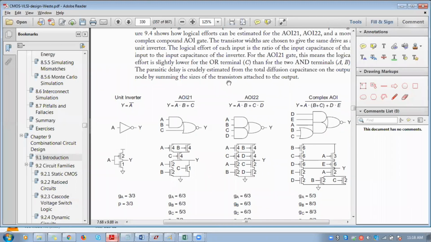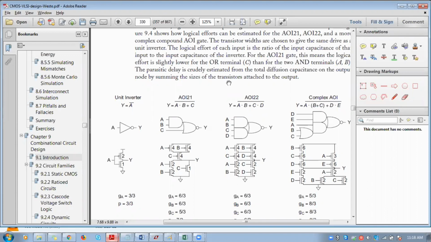In the previous unit, we have seen how to calculate the logical effort of a particular gate. For every logic gate, the PMOS and the NMOS logic are duals. You might have seen equations like A dot B dot C whole bar, A plus B plus C whole bar.